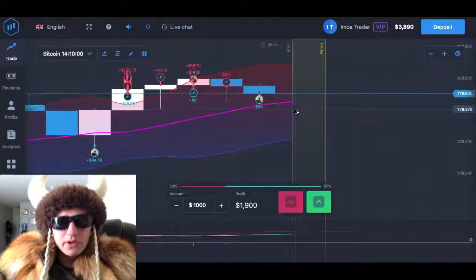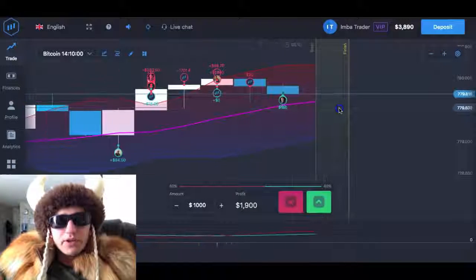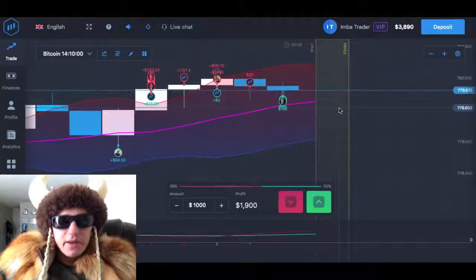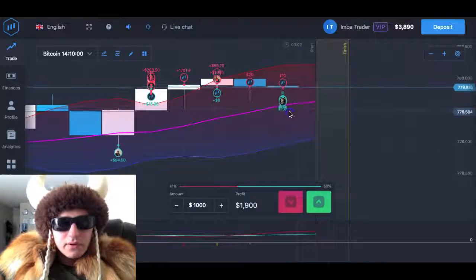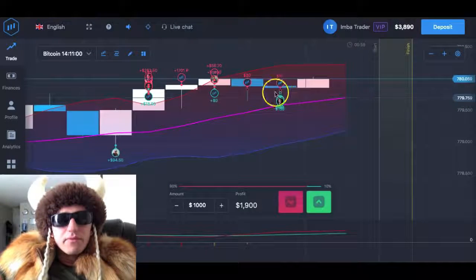So we won this one, and let's wait until we get some more signals happening there, some more tips how to move forward.